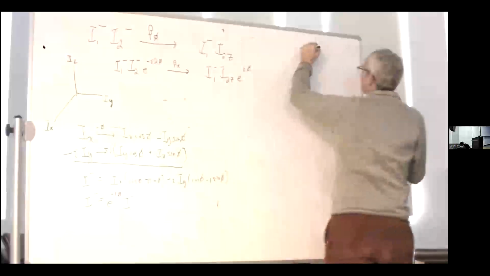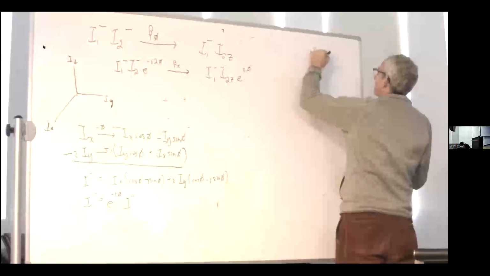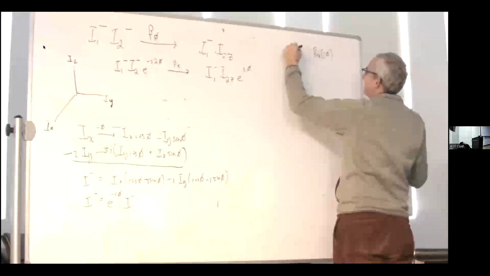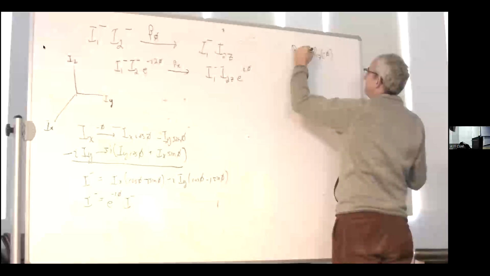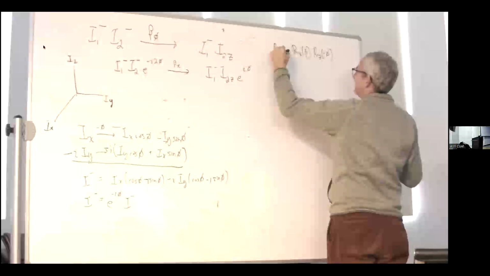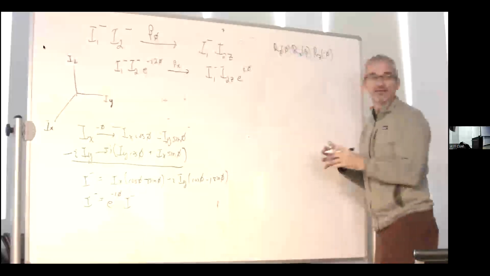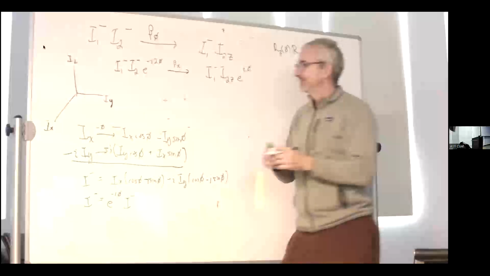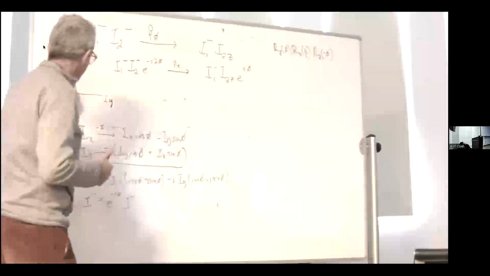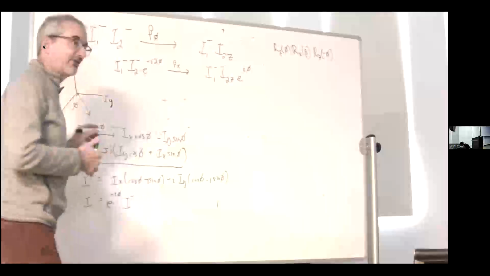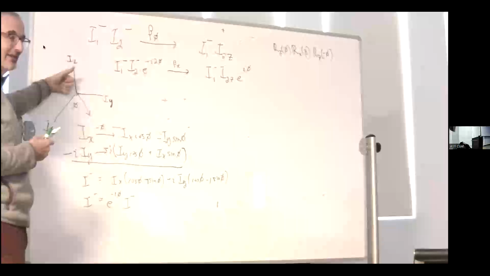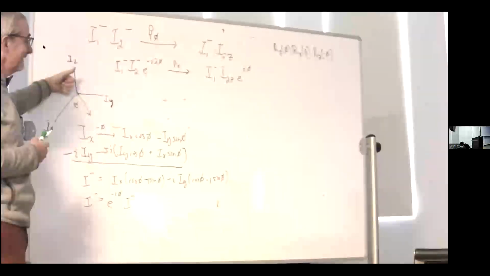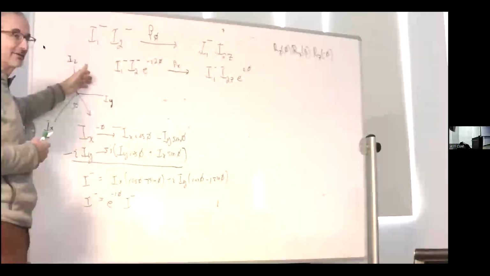I could treat this as a rotation around Z of minus phi, around X by beta, and then around Z by phi, because my pulse is being applied with some angle phi. So first I rotate everything to this axis and then rotate everything back at the end.